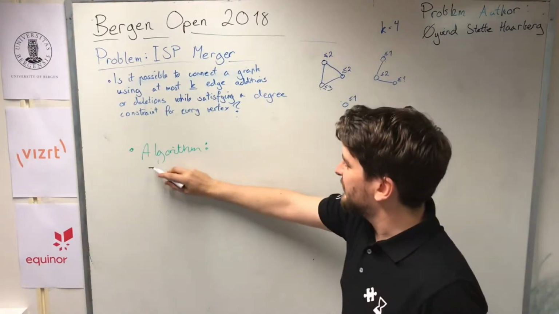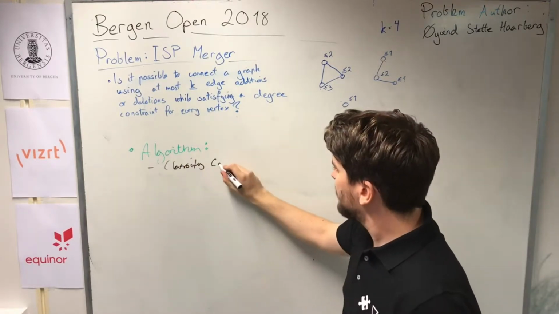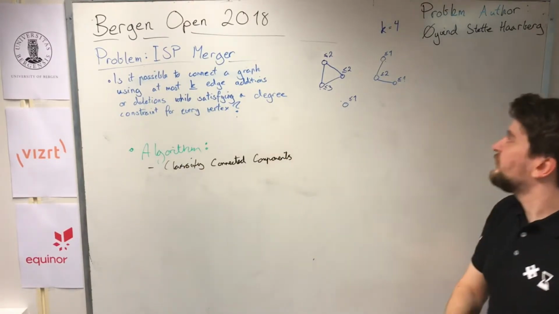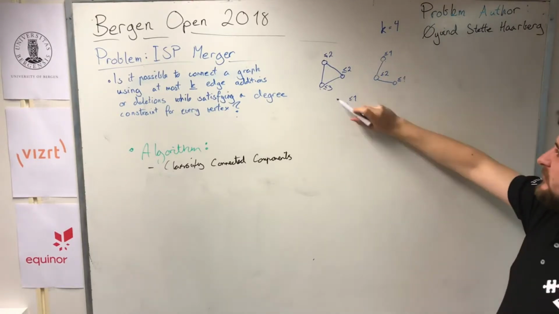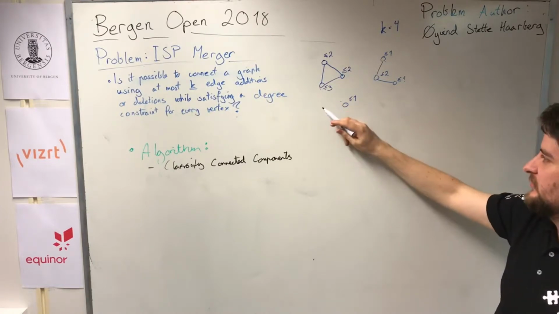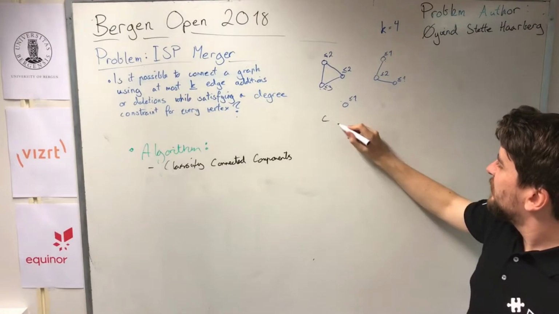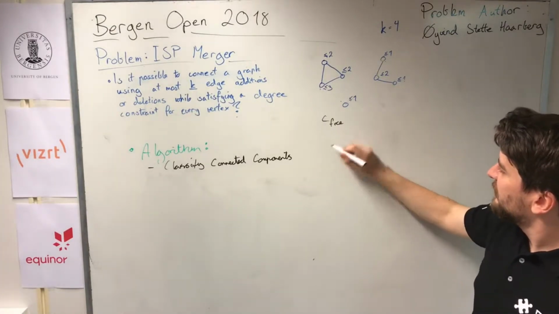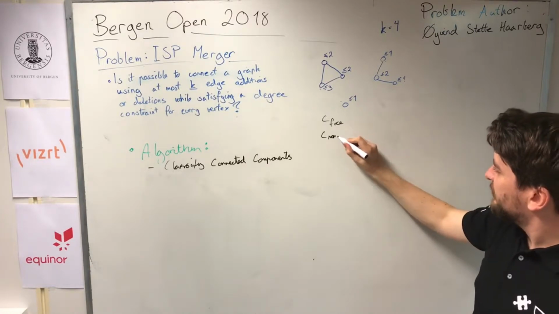The first step is going to be to classify all the connected components. So when I say classify connected components, I mean that we're gonna map every connected component to a tuple of two values, which is going to be the component free and the component non-cut edges.